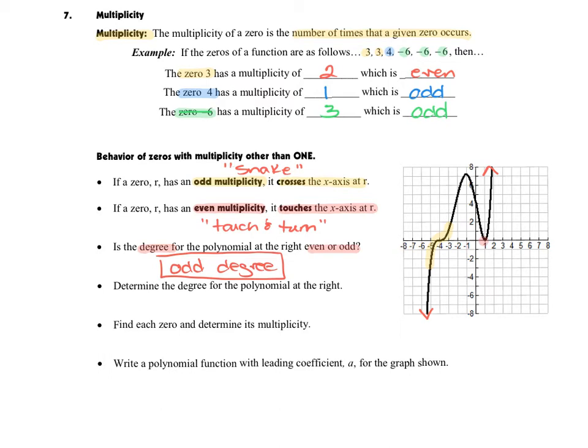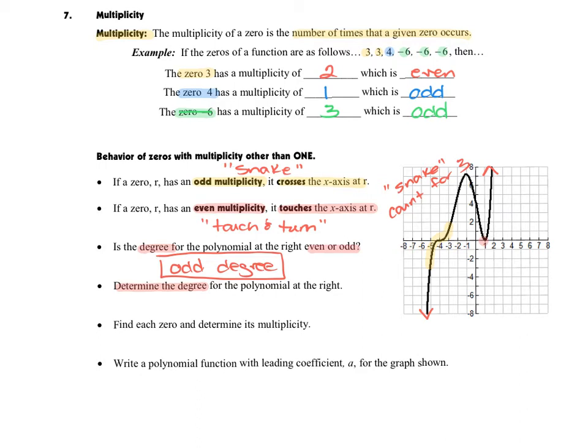Now, if I actually want to determine that degree, I'm going to go back and look at my snake and my touch and turn. So I'm going to look at this snake and identify the fact that this is going to count for 3 zeros.